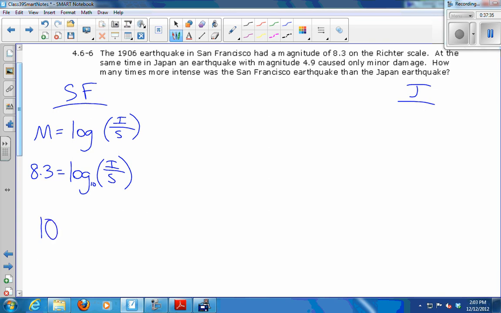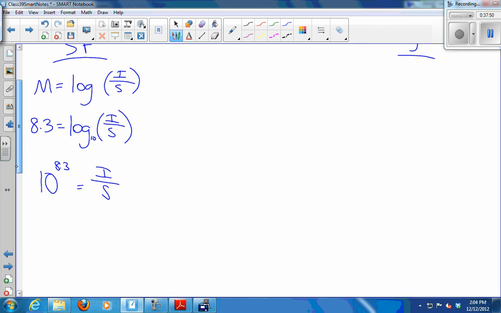Logs are exponents, so my 8.3, or whatever the magnitude is, is the exponent, and 10 to the 8.3 equals I over S. The input of the log is the output of the exponential. So then if I just finish solving this for intensity, I get S times 10 to the 8.3. Just multiply both sides by S.